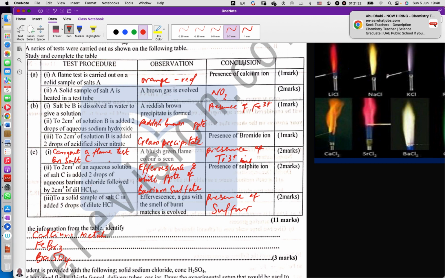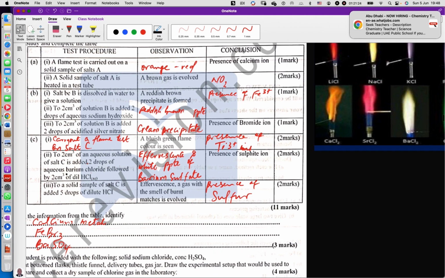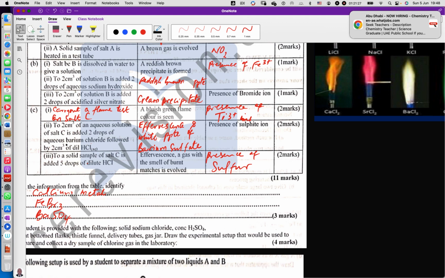Carry out a flame test on salt C. To 2 cm cube of aqueous solution of salt C is added 2 drops of aqueous barium chloride, followed by 2 cm cube of dilute hydrochloric acid. On first addition, there is effervescence, followed by a white precipitate of barium sulfate.